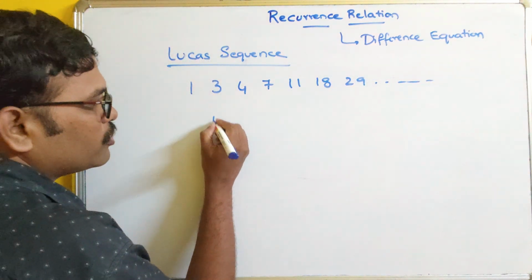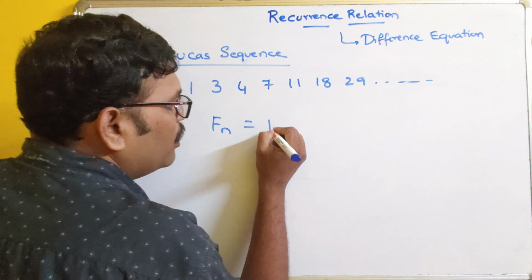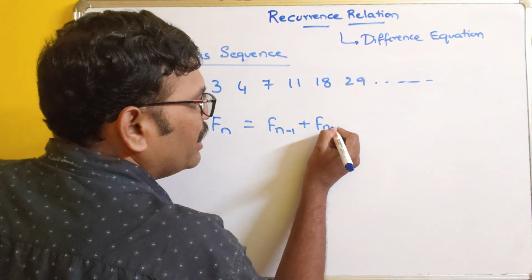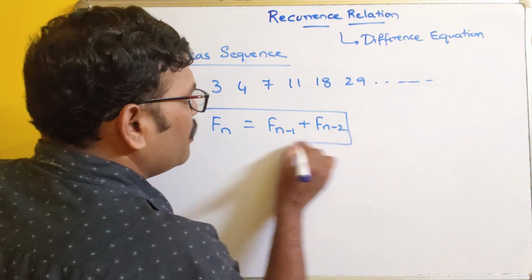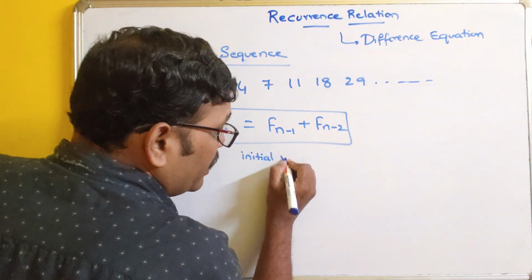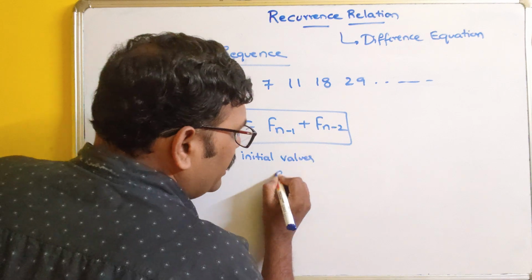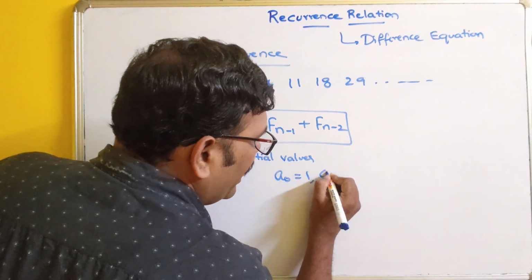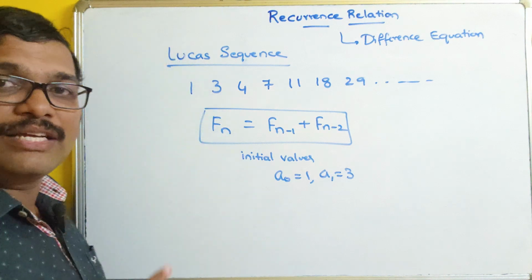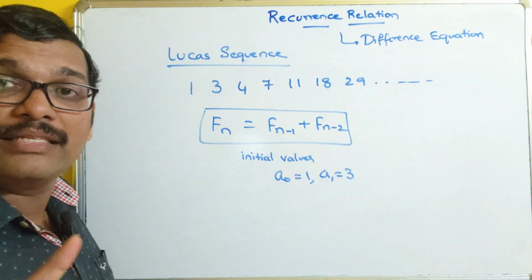The function is similar: f of n is equal to f of n minus 1 plus f of n minus 2, with initial values, that is most important, a0 is equal to 1 and a1 is equal to 3. This is called a Lucas sequence, one more example for recurrence relation.